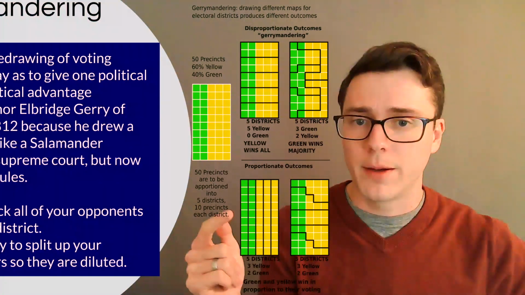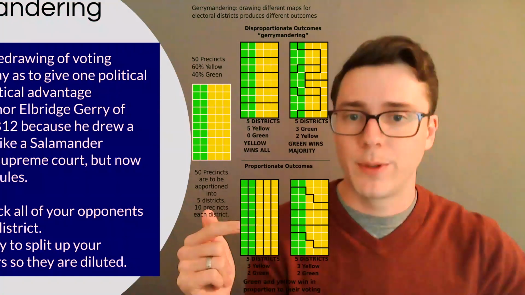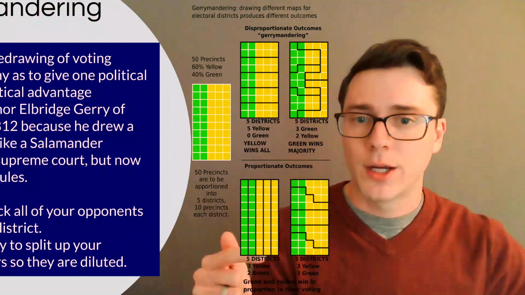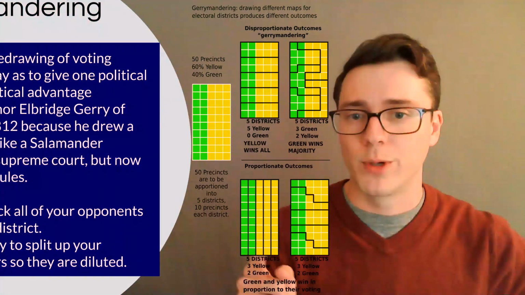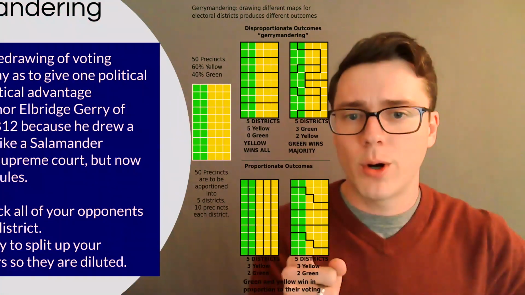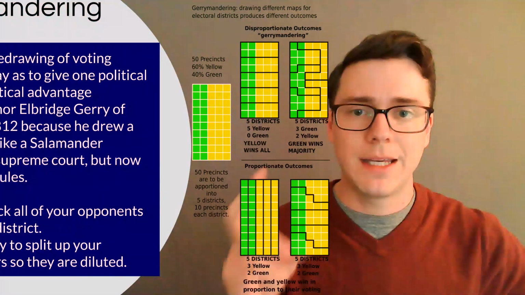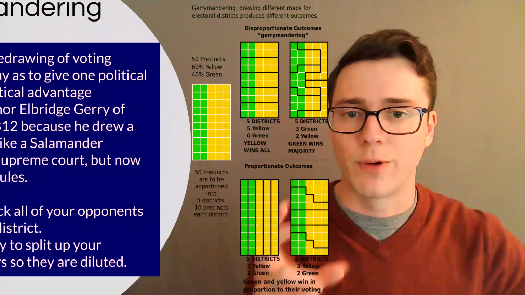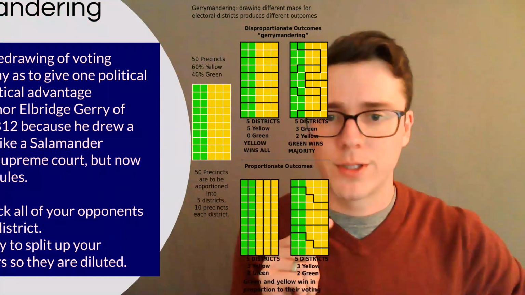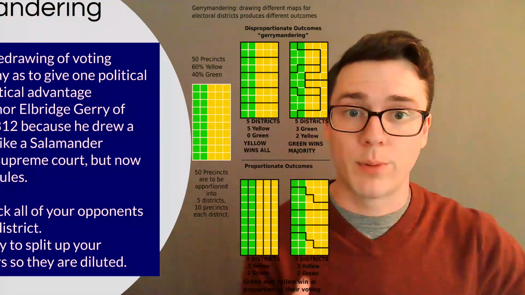If we look at the bottom and you proportionately make sure that people get the right amount of districts, then that means that you would have 5 completely represented districts. 3 would go to yellow and 2 would go to green. But this one is more of what we would see if you had even amount districts where you had some diversity of voting in the district. And that is where yellow would still get 3, green would still get 2, and they would be represented proportionally.